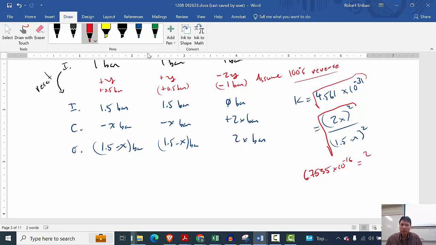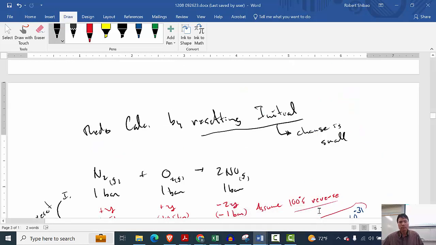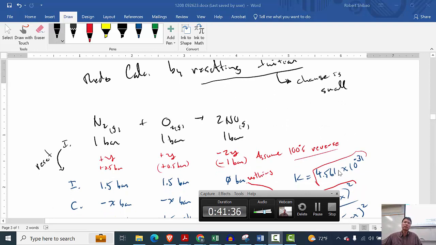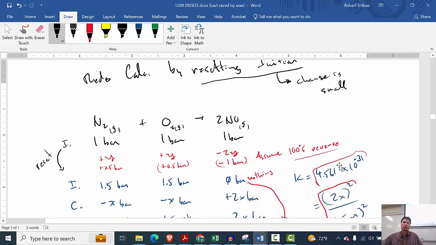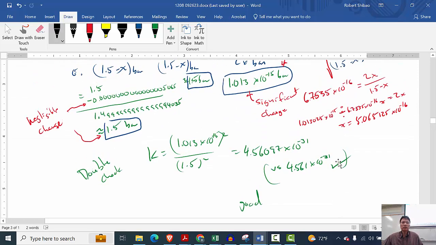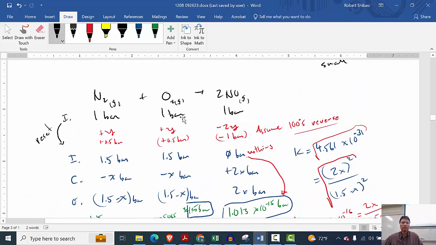That is equal to 2x divided by 1.5 minus x. All right, why don't you go ahead and solve for x for me? Tell me what you get. I forgot to record that, but all right, so we reset it so that the change was small.